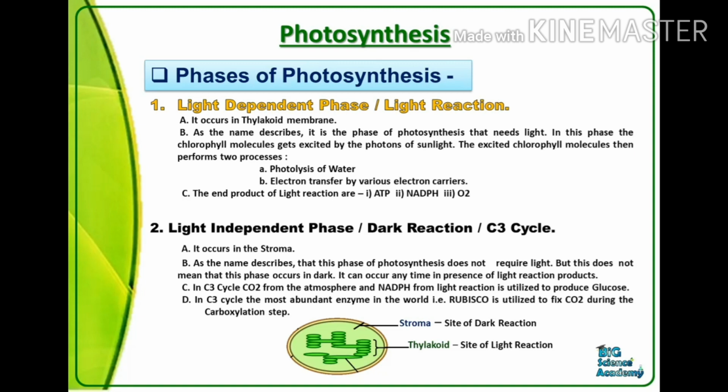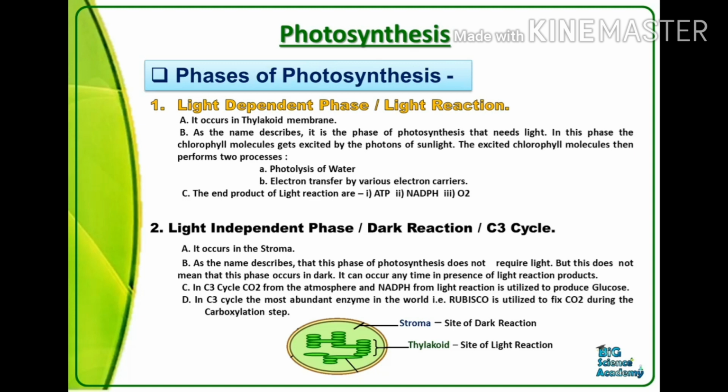If the light reaction products are given during the night time or in absence of light, the dark reaction will occur. So, it depends upon the presence of light reaction products and CO2. So, in the C3 cycle, CO2 from the atmosphere and NADPH from the light reaction are utilized to produce glucose, the photosynthetic product.